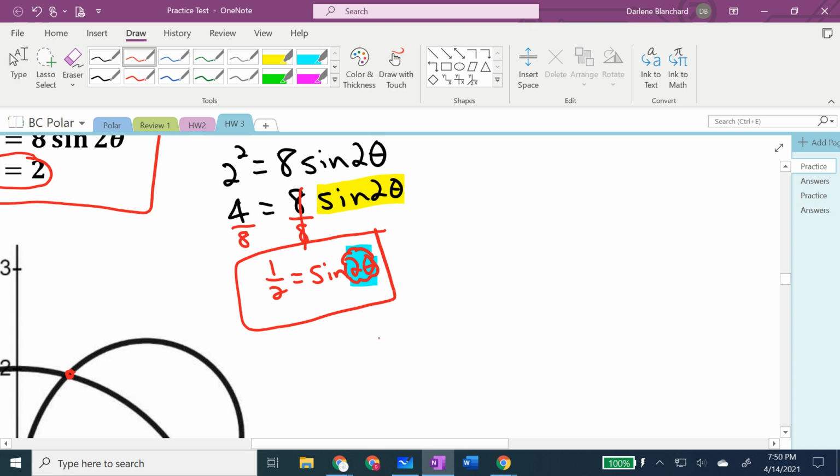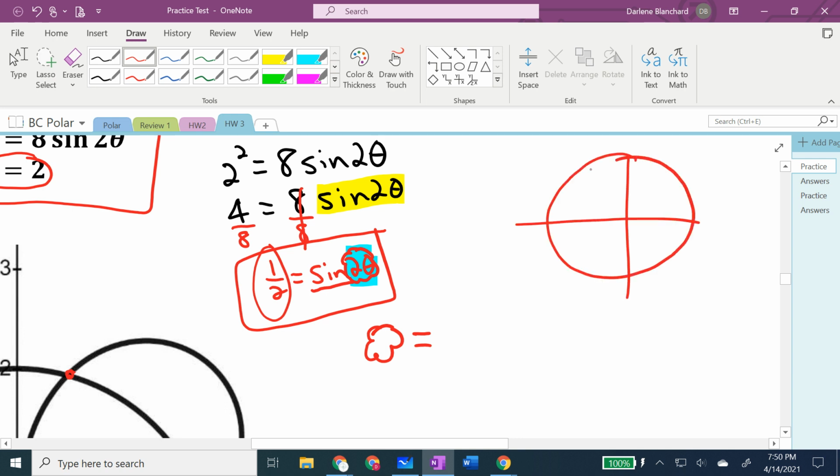What are the blobby angles equal to if you have a sine value of 1/2? So if you look at your unit circle, sine is asking where is y equal to 1/2 when it goes 1/2, root 2/2, root 3/2, and then up to +1. And so you want to be aware that that is π/6 and 5π/6.